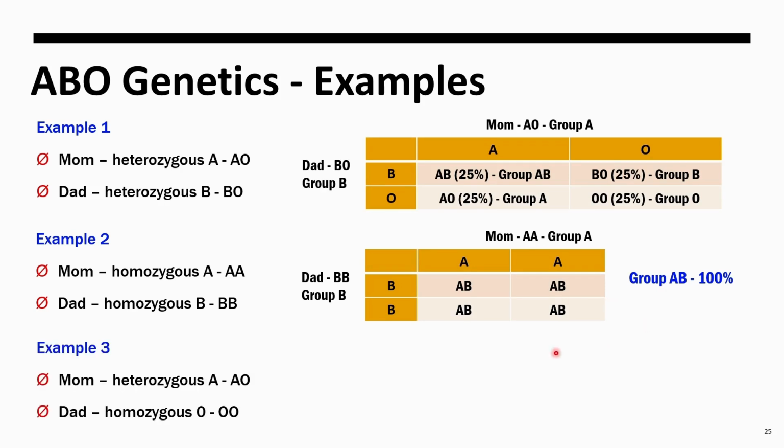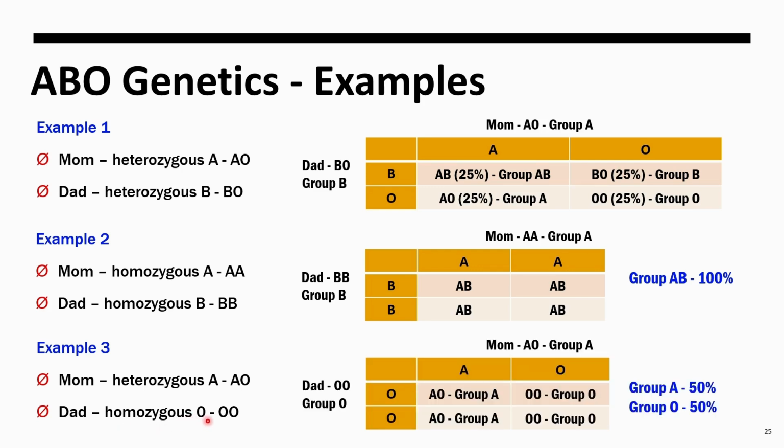If we take another example, if your mom is heterozygous A, that is AO, and your dad is homozygous O, that is OO, then what will be the blood types? You will get A blood group, you will get O blood group. So there will be only 2 blood groups in the children. Similarly, you can identify how genetics works and how it helps you determine the blood group.